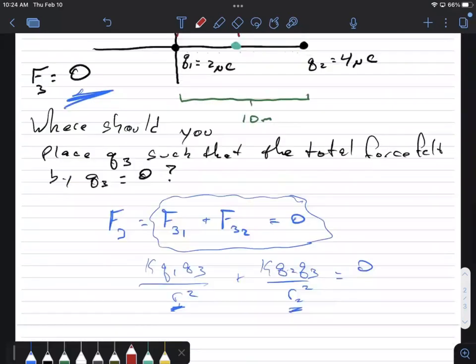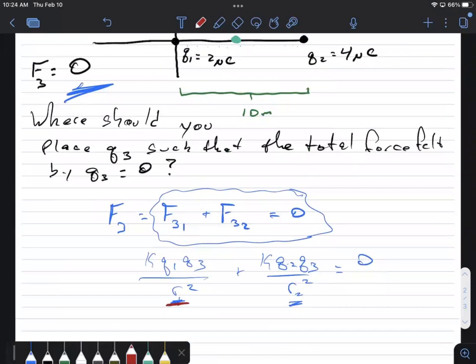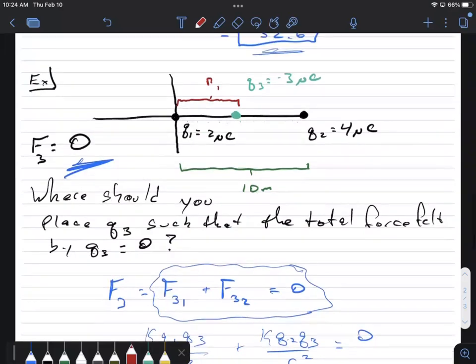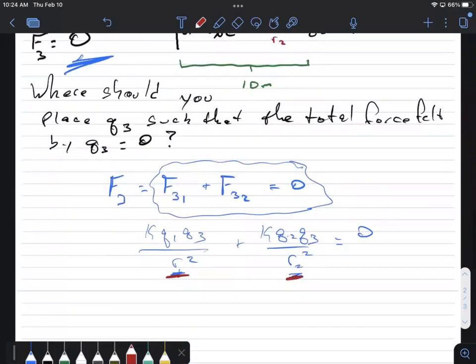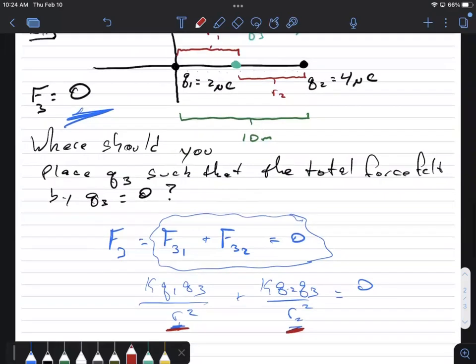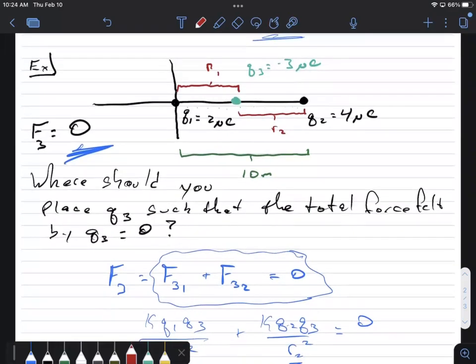Call it R1. That's the unknown. But then what do you say about the distance from 3 to 2? Well, that's R2, of course. But I don't want to call it R2, because then it's a second unknown. So how can I convert R2 from an unknown to something that's already known?